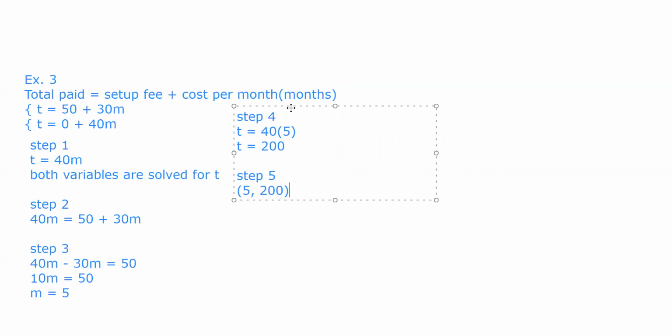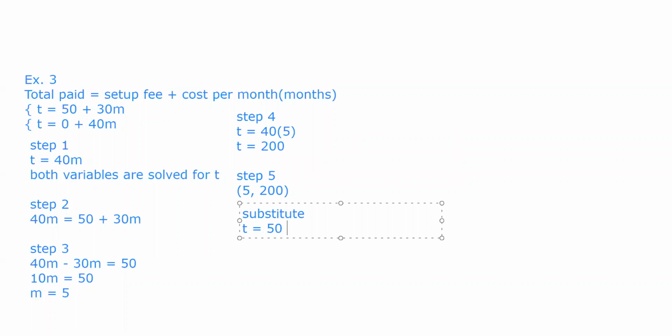We need to prove that this solution we found is the correct solution for the equation. So we substitute, we replace, and we are going to use both equations. t equal 50 plus 30m, and in the other part we have that t is equal to 40m.